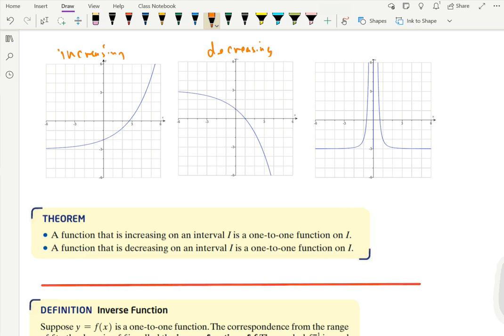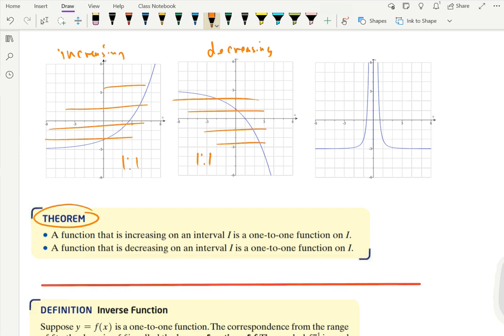But what I want to take a look at in this case is, for either the increasing function or the decreasing function, if we draw horizontal lines through here for either of these two functions, they do end up being one-to-one. Which leads us to our theorem underneath that.